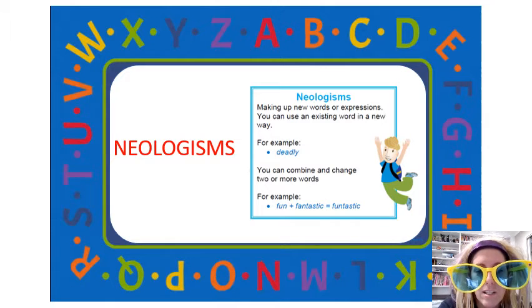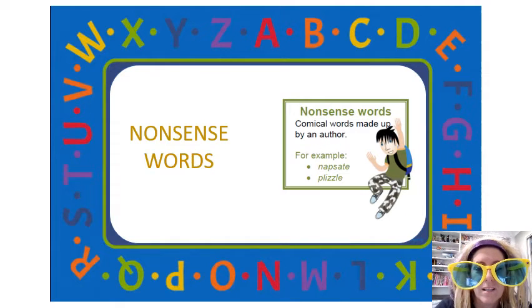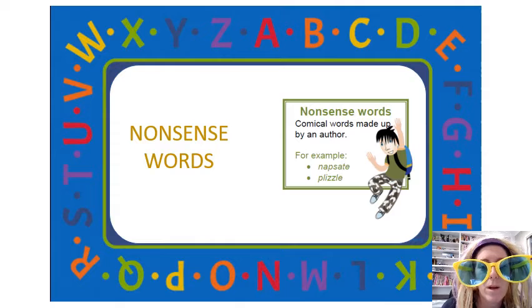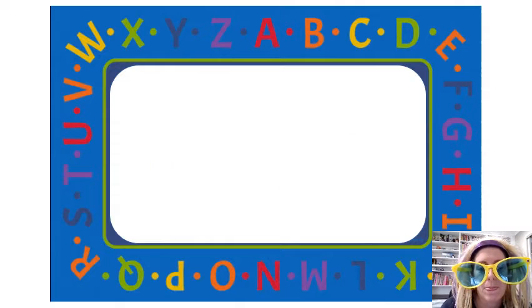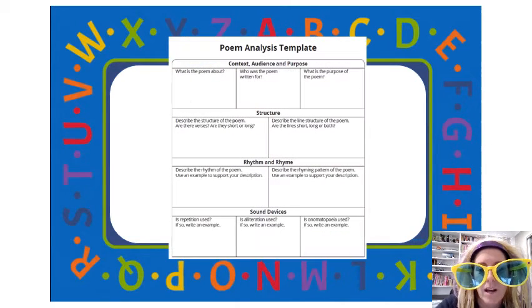Our favourite is chocolate and delicious, becoming chocolicious. And then we have nonsense words. These are comical words made up by an author. For example, plizzle, or quangle wangle quee.